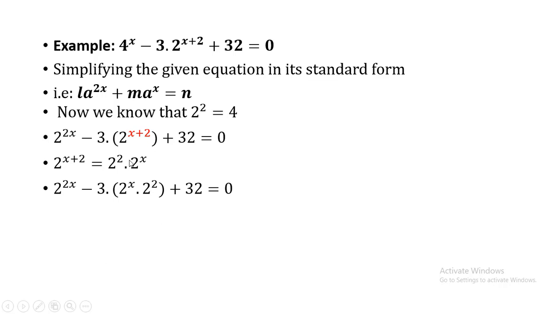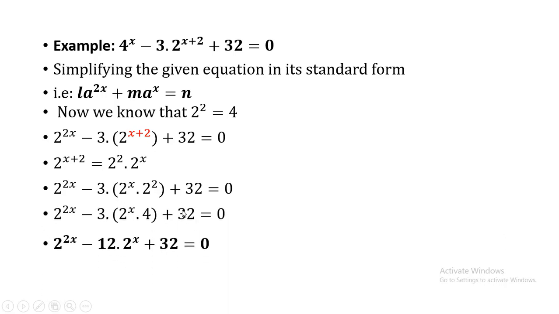If I substitute it back in this equation, what will I get? 2^(2x) - 3·2^2·2^x + 32 = 0. Instead of writing 2^(x+2), I have written 2 squared into 2^x. The constant numbers 3 and 2 squared will be multiplied: 2 squared is 4, and 3 into 4 gives 12, so 12·2^x + 32. Comparing with the general form, 2^(2x) has l equal to 1, m is 12, and a^x is 2^x plus 32.